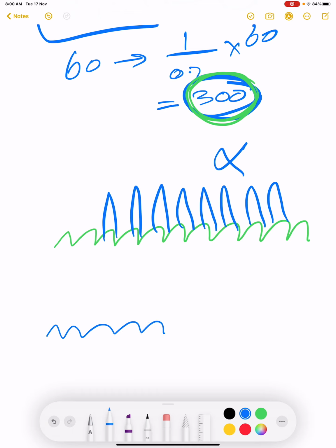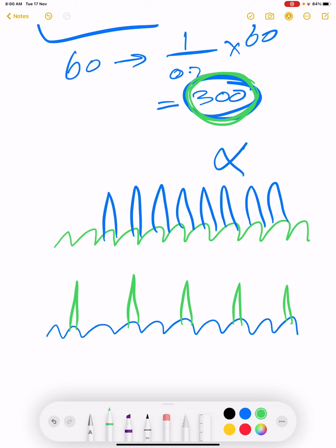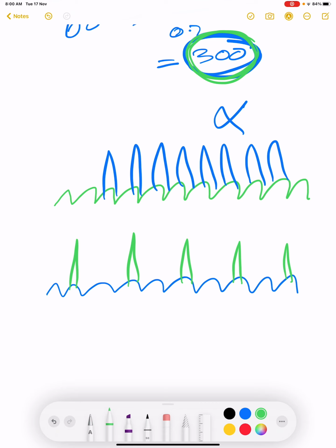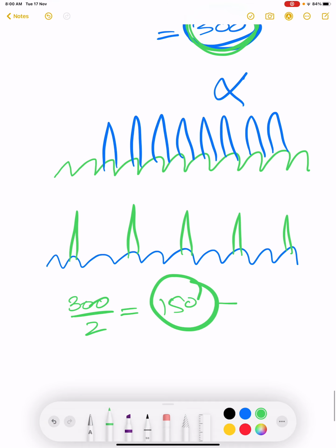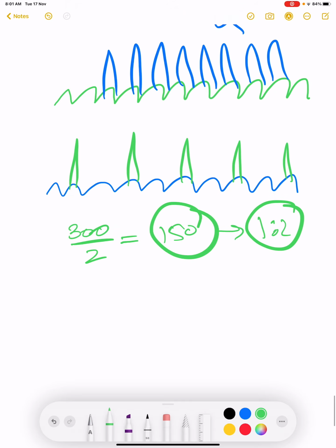But if our AV node is present and it is blocking every other P wave, so one P wave it is blocking and the other P wave it is allowing to pass, then our rate will be 300 divided by 2, it will be 150. So when the heart rate is 150, you will say that there is a 1 to 2 AV nodal block. So we can say that this is atrial flutter with 1 to 2 AV nodal block.